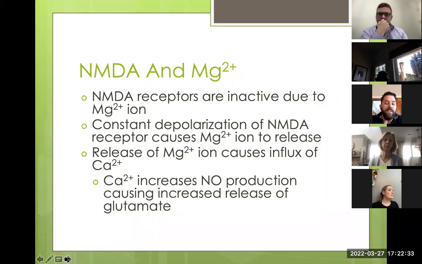When calcium gets into the cell, it increases nitric oxide production, which causes more release of glutamate from the presynaptic neuron. So you get this positive feedback loop. So it's important that we block the NMDA receptor and increase our extracellular concentration of magnesium ions.